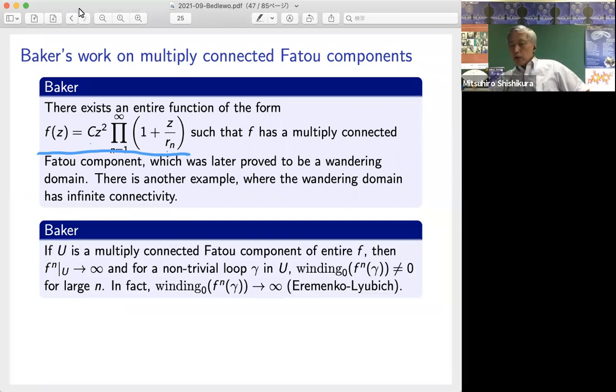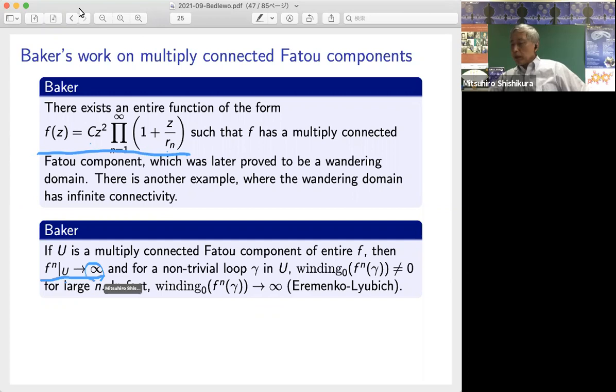So the basic work Baker has done is that whenever you have a multiply connected Fatou component, the dynamics in U must be escaping. So the mapping on the Fatou component will go to infinity.